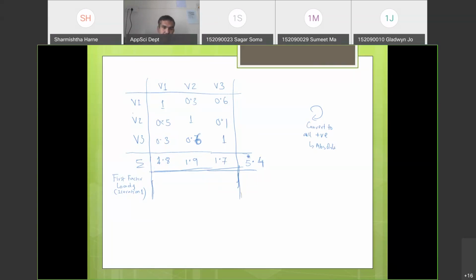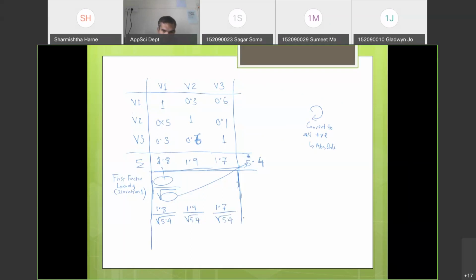So this factor loading is calculated as this value divided by the square root of this total value. 1.8 divided by square root of 5.4, 1.9 divided by square root of 5.4, 1.7 divided by square root of 5.4.